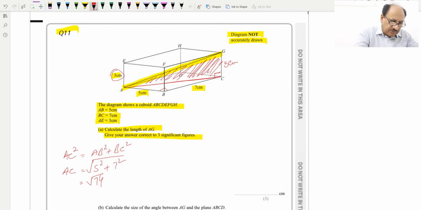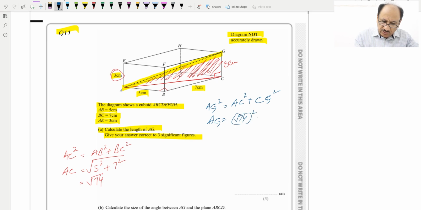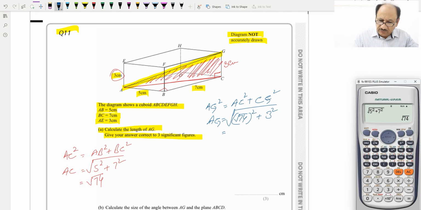So AG square is equal to AC square plus CG square, Pythagoras theorem again. So AG will be equal to the square root of AC, which we just found, which is root 74, squared, plus CG, and CG is 3, so 3 square, and if we calculate, this will be the square root of answer squared plus 3 square.